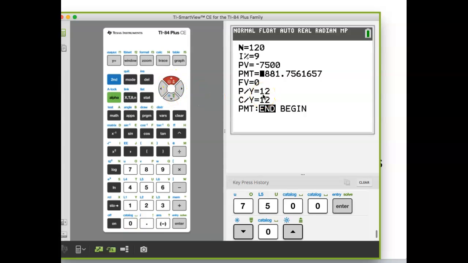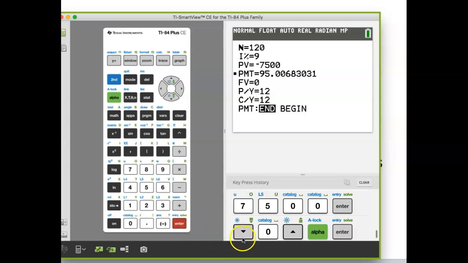Payments per year is 12. Compounding per year is 12. We're always going to keep the payment period at the end. Then we solve for our payment, so I'll do an alpha solve. My payments are going to be about $95.01 per month.